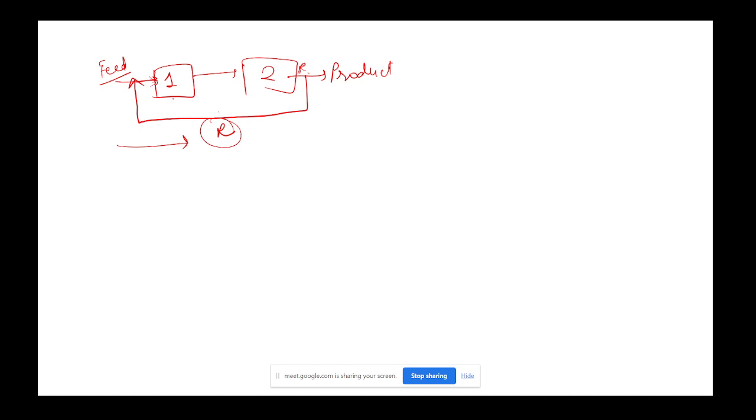So you will only be able to solve the equations simultaneously, or another approach is tearing. You write the equations for each system separately.